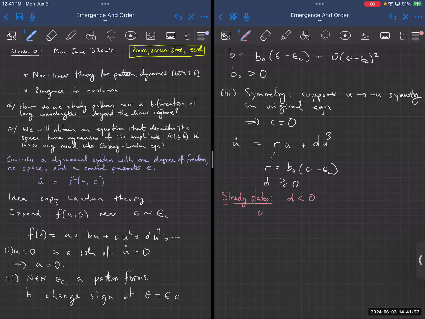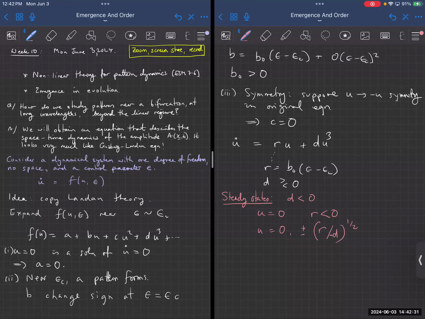Then we could have U equal to 0 when R is negative, and if R is positive, then U can be 0, but you can also have a solution that looks like R over D to the 1/2. And I think there's a typo in these notes, so I think this should be minus D.